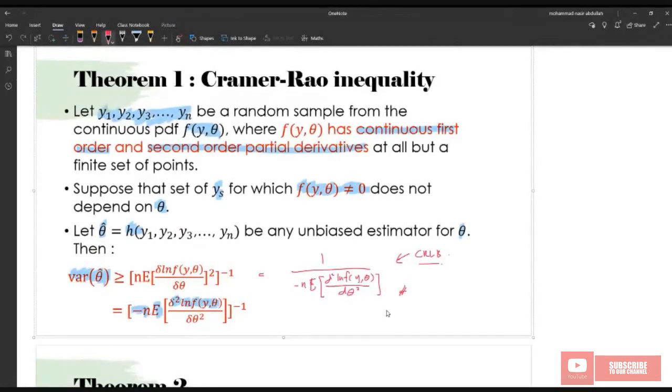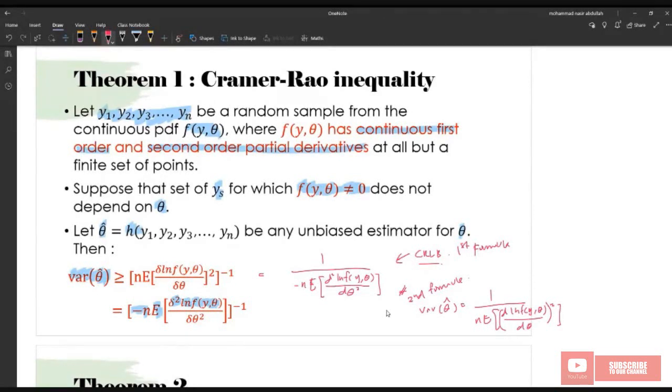Either we can use the first formula, or the second formula: the variance of theta hat is greater than or equal to 1 over n times the expected value of the derivative of ln f_Y(y; theta) with respect to theta, squared. So we can use either one, the first formula or the second formula.